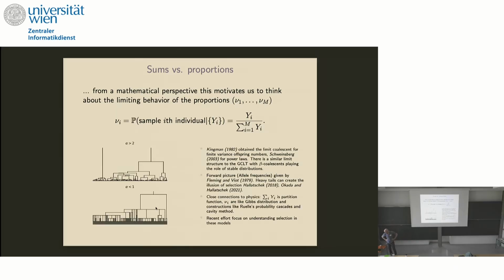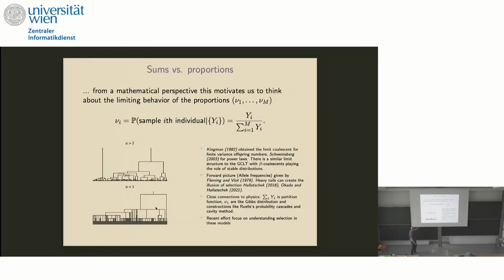Just to go very briefly through the history of this, Kingman was responsible for proving what I like to call, although some people don't like this way of saying it, almost like the central limit theorem for these coalescences, for these genealogies. He's asking, what's the limiting genealogy that you get when the offspring variance is finite? And that's called the Kingman coalescent.